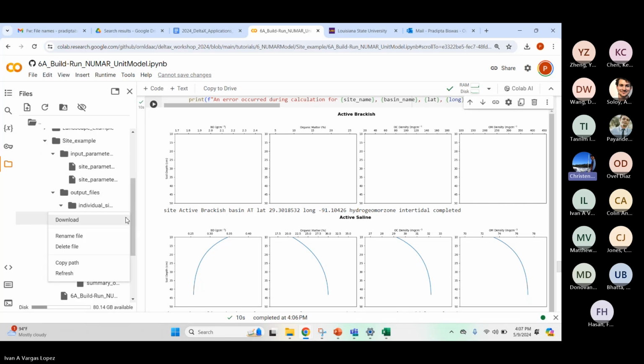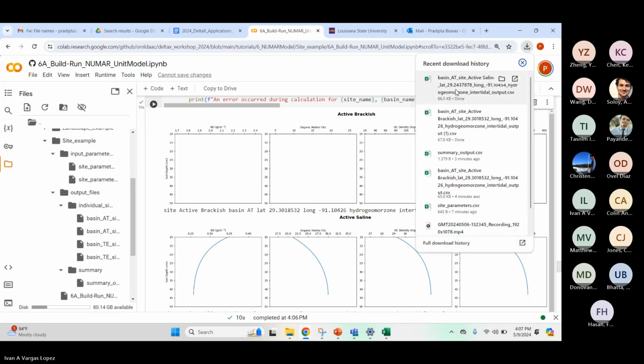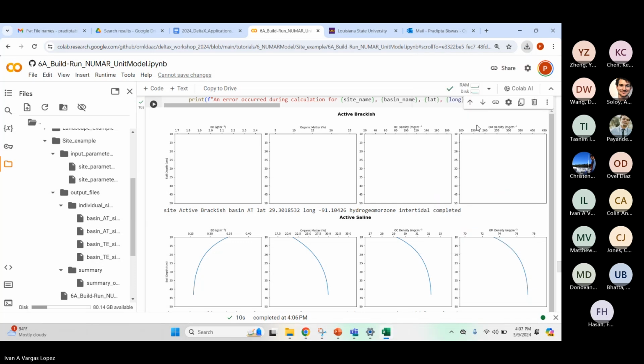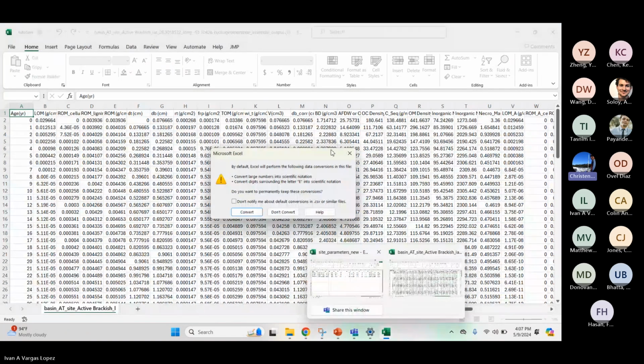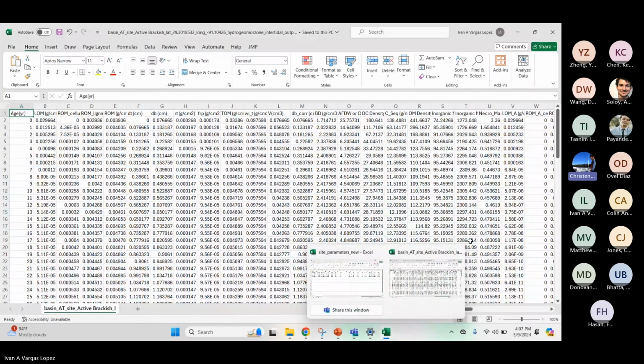Active site, I guess this one. Yeah, it actually calculated all the values, but somehow it didn't show, probably due to the restriction of limits.